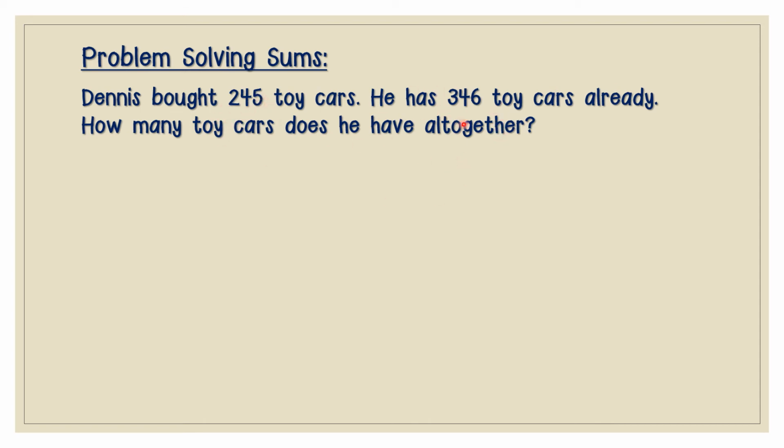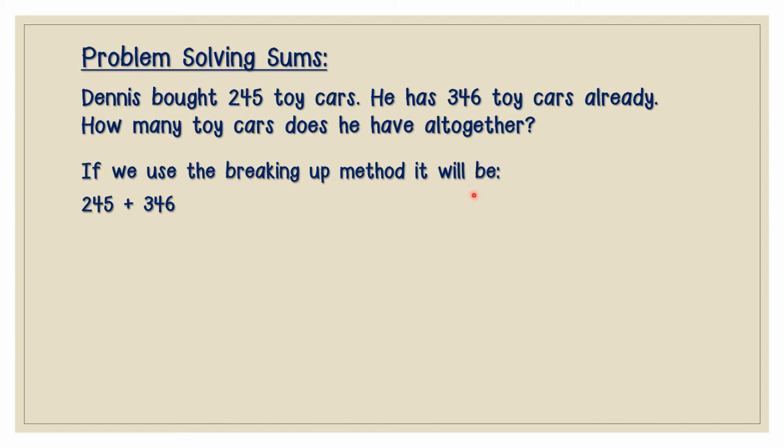245 to 346. So we can use a lot of methods to work out the sum. But if we use the breaking up method, first we have to write our sum, which is 245 plus 346. Now remember, when we're using the breaking up method, we have 3 steps.